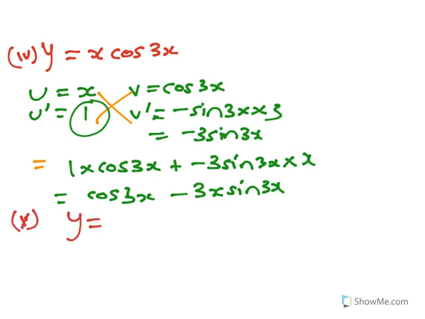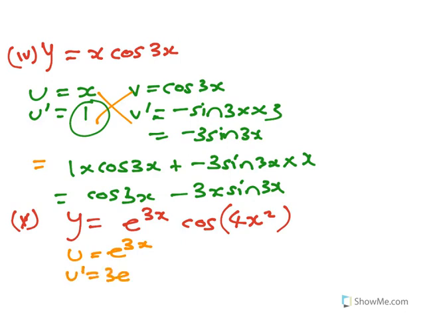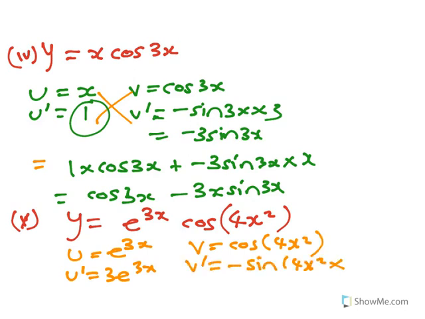Okay, y equals, now I'm going to do e to the 3x and cos to the 4x squared. So that's another uv. So u equals e to the 3x, so u dash is 3e to the 3x. v is cos 4x squared, so v dash is minus sine 4x squared times 8x, which is minus 8x sine 4x squared.